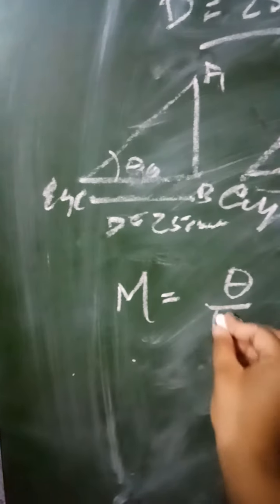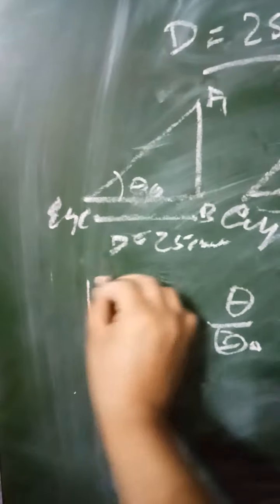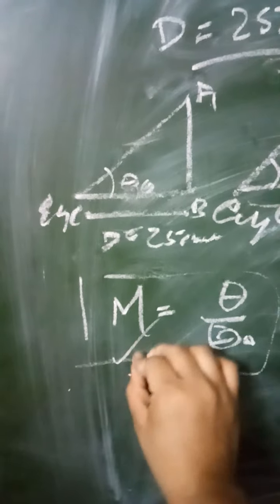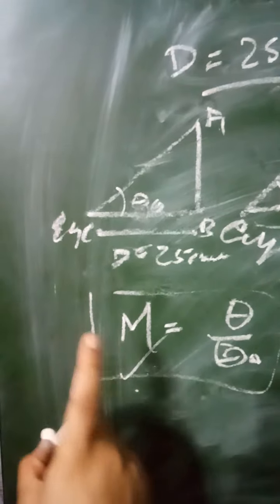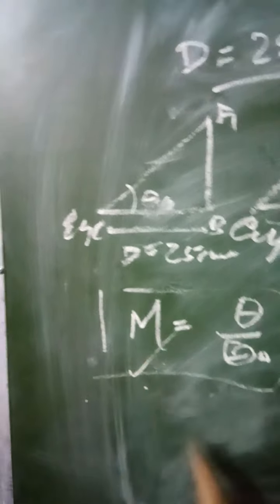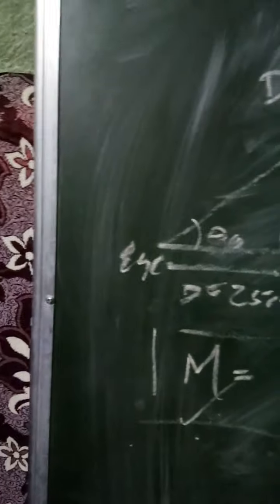So this is the case, and we have to find the angular magnification of the simple microscope for the first case, that is the previous one. I hope you have understood. Now we have to find the expression for M, that is the angular magnification.